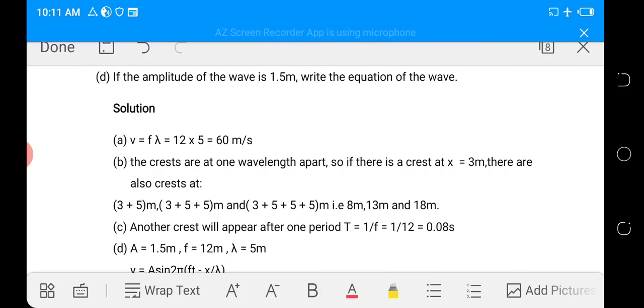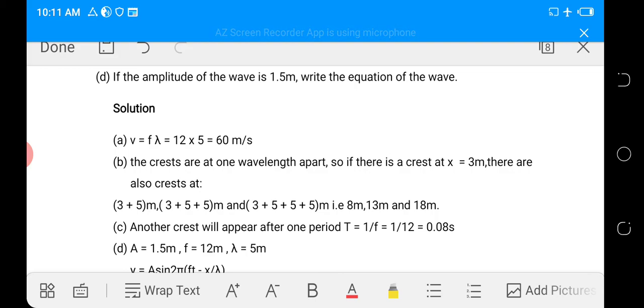From the question, the frequency is 12 Hz. So to get the period, that is going to be 1 over f, and that gives me 0.08 seconds. So another crest will appear at point x equal to 3 meters after 0.08 seconds.